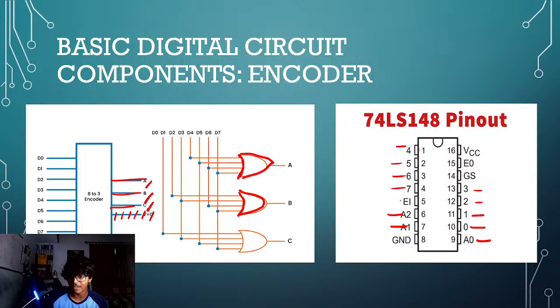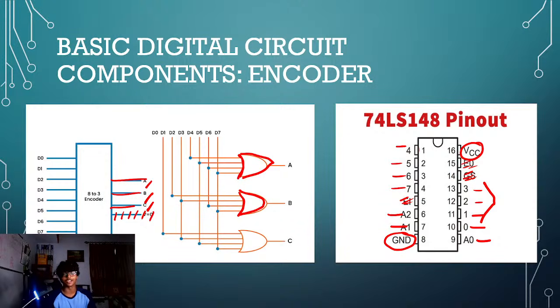You can kind of ignore the other pins right now. They aren't really necessary. For the general working, they have additional use cases, but that's not necessary for understanding right now. So you have 8 input lines, 3 output lines, and I'll tell you what VCC and ground is.